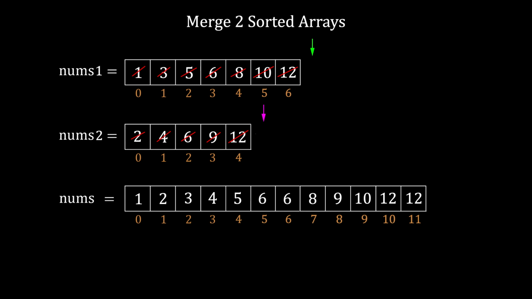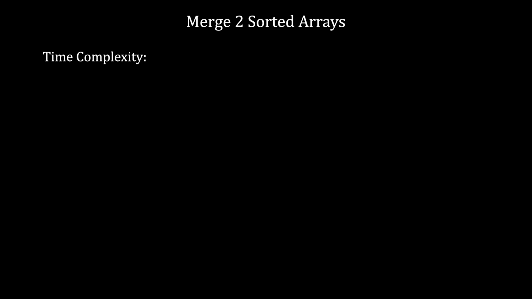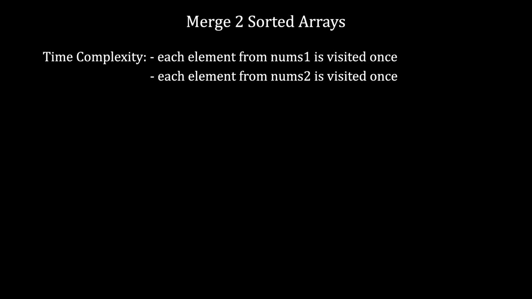All that is left to do is analyze the time and memory complexities of this algorithm. For the time complexity, we should notice that each element from nums1 is visited exactly once, and each element from nums2 is also visited exactly once.